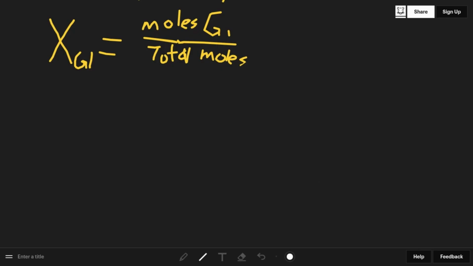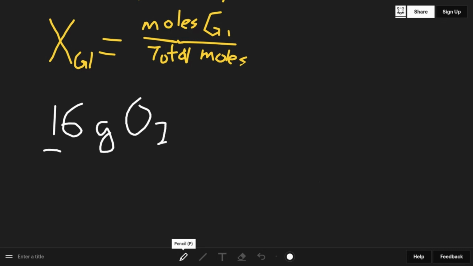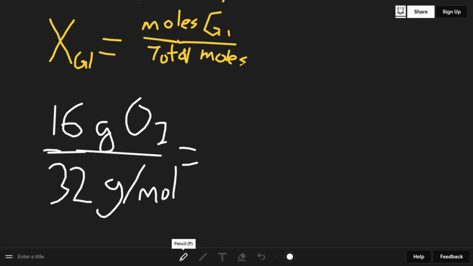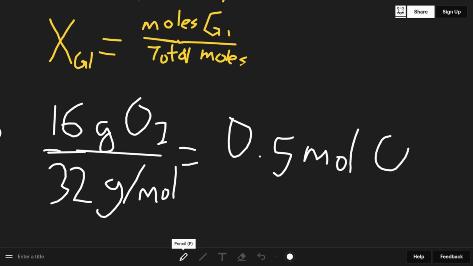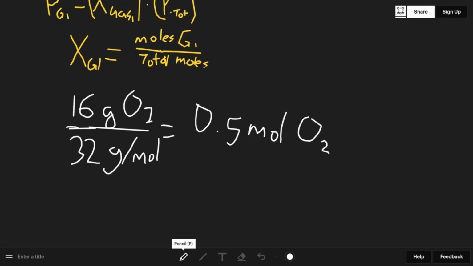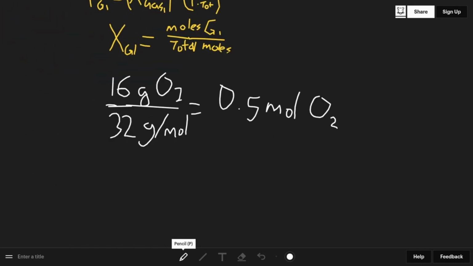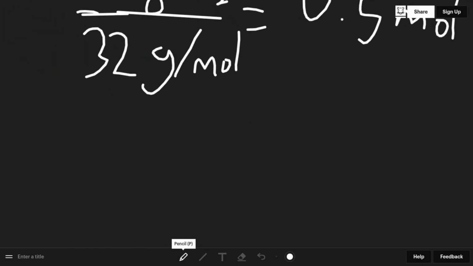Since there are 16 grams of O2, let's find how many moles that is, because we want to find the total moles. 16 grams of O2, since O2 has a molar mass of 32 grams per mole, since it's 16 times 2, we know that we have 0.5 moles of O2 gas. Now let's do the same thing for the methane gas.